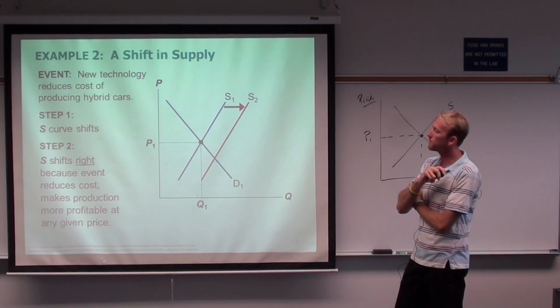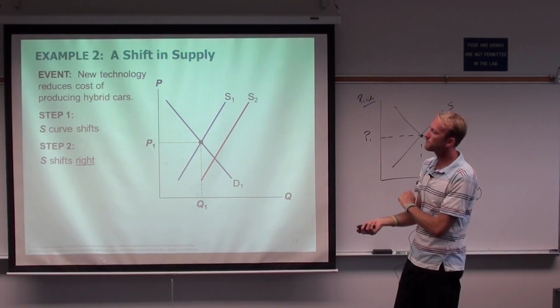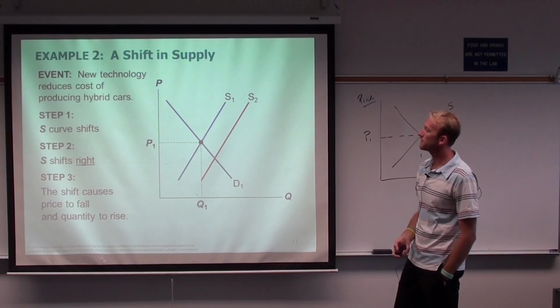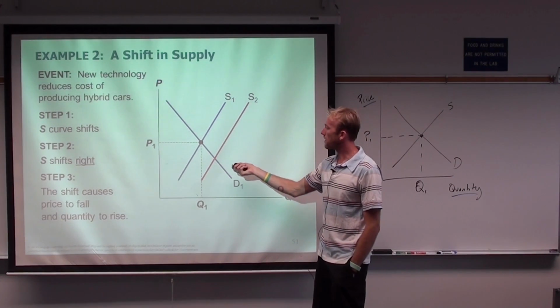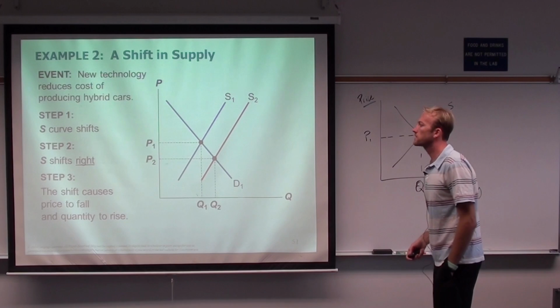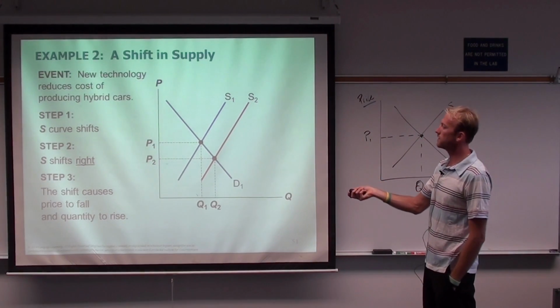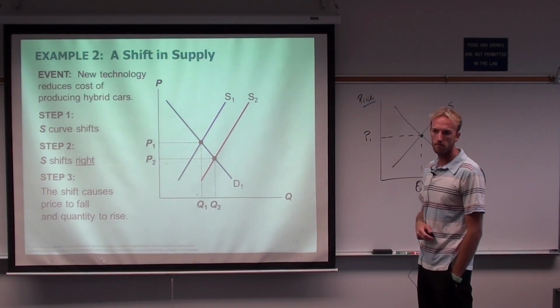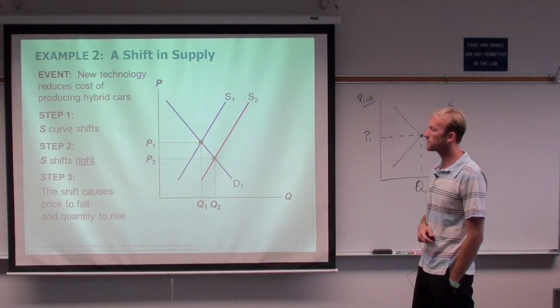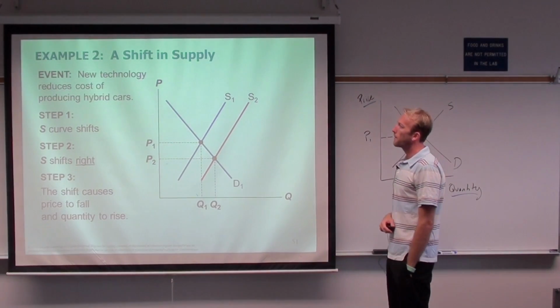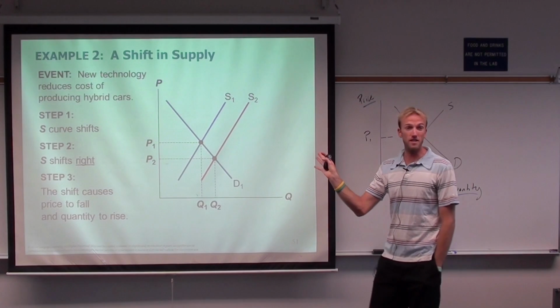And then finally, we find the new equilibrium in step 3. I can look, and it's right there. Price is falling and quantity is increasing. Was there a change in demand?